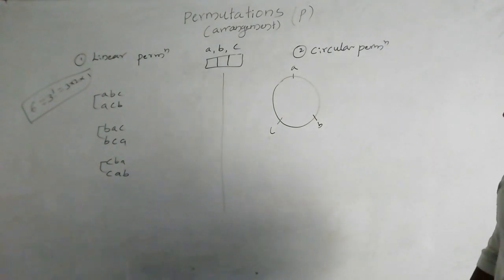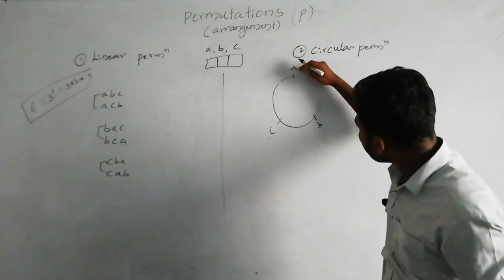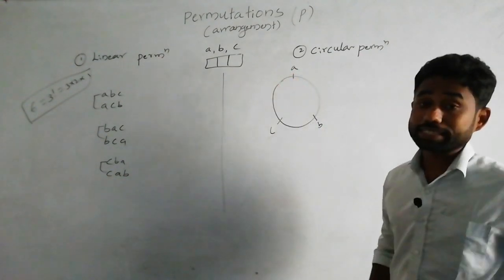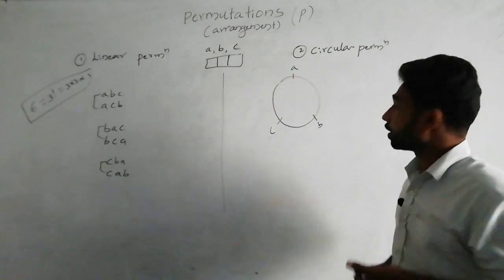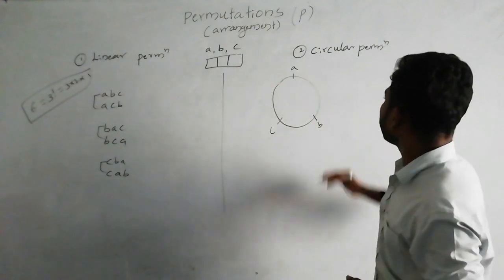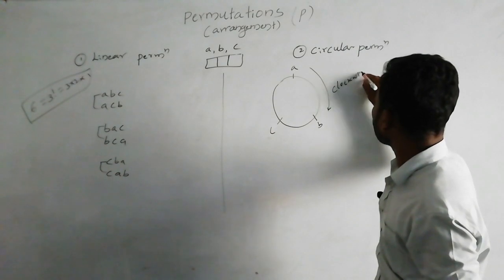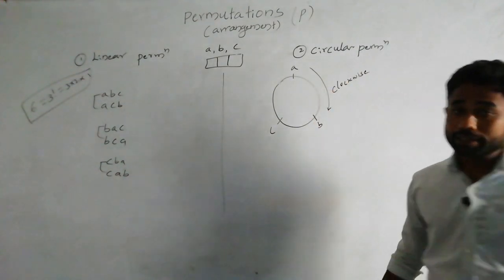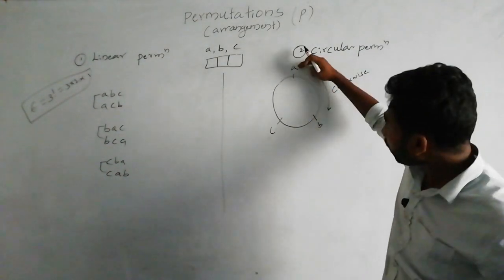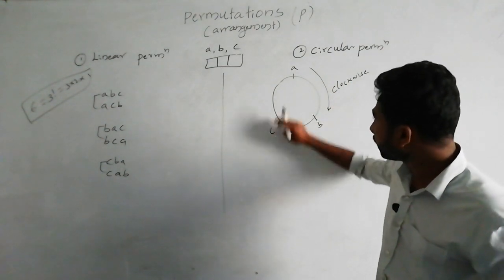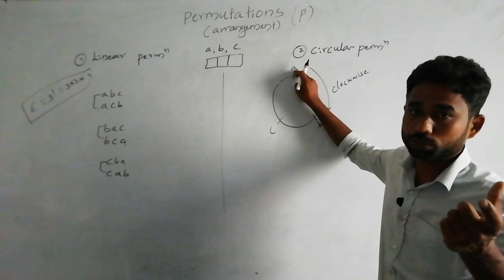Here first we have to count in this way, from right side to left side. What is the name of that? Clockwise direction. Just observe this. A, B, C, one arrangement. B, C, A, second arrangement.